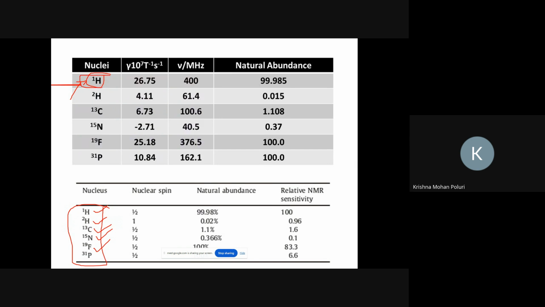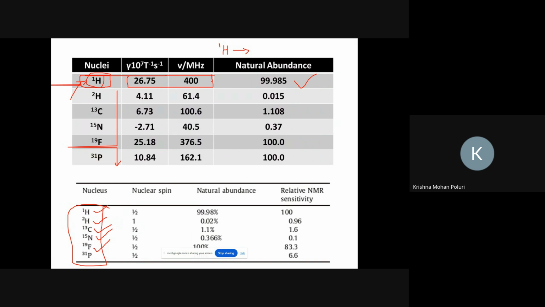The best is hydrogen, and all the rest are weaker than hydrogen. That is why whenever you heard of NMR in your MSc or PhD, you call it proton NMR or hydrogen NMR. The reason being, of course, protons are abundant, the H-1 isotope abundance is also high, and it gives very strong signals.